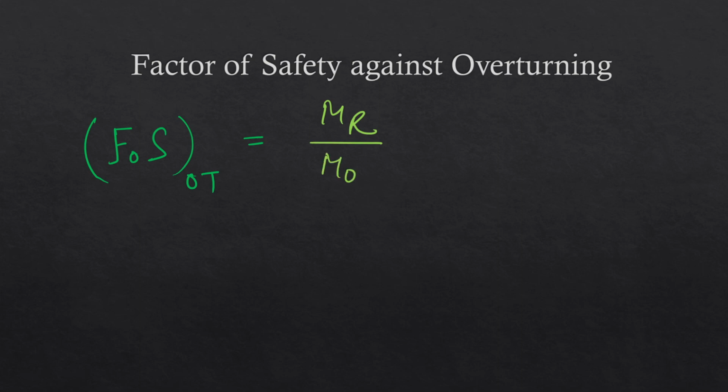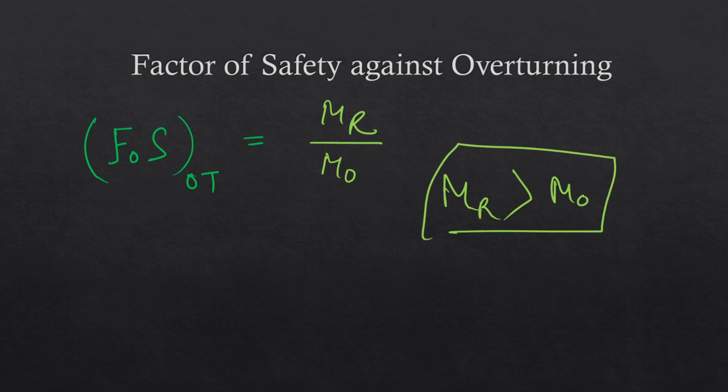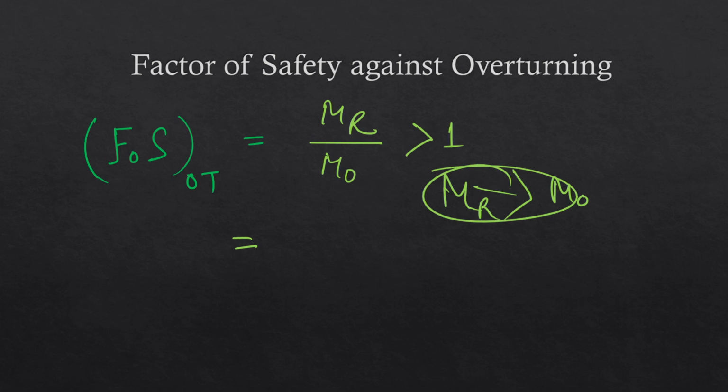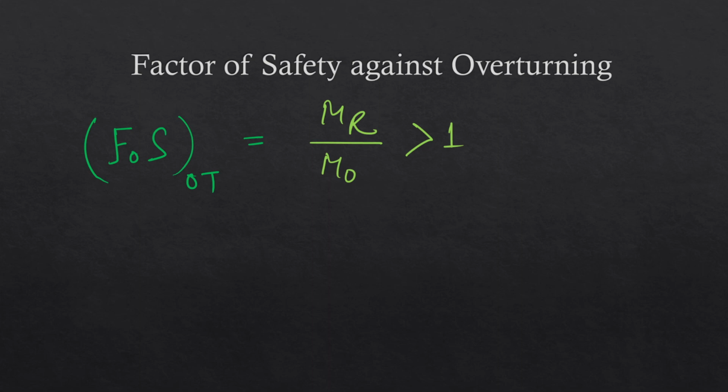And because the resisting moment must be greater than the overturning moment for stability of the dam, this factor of safety must be greater than 1. And how much greater will sometimes be governed by some IS code or other guidelines, or maybe decided by the engineers.